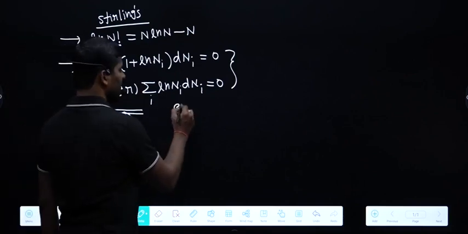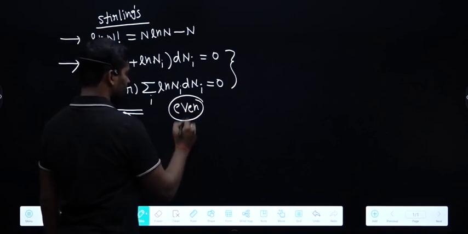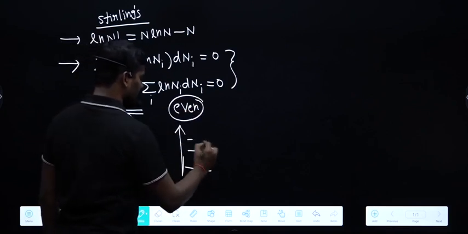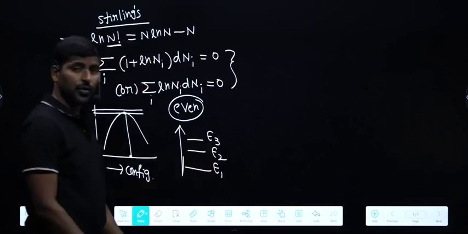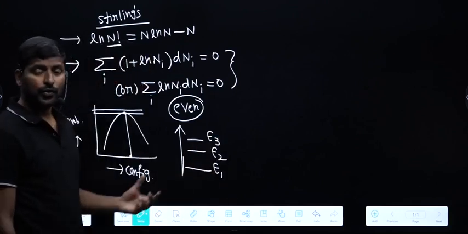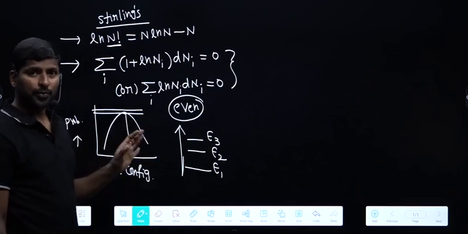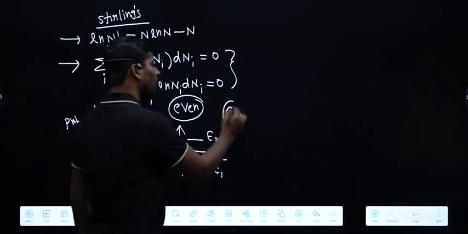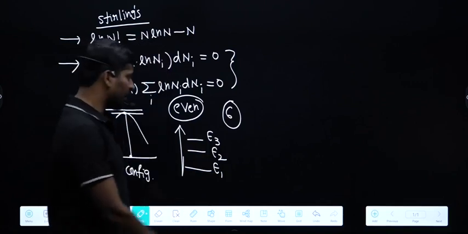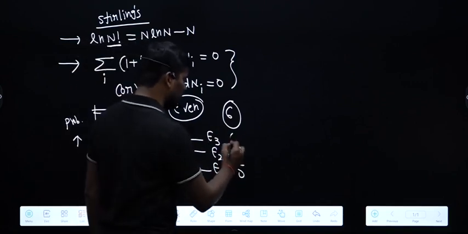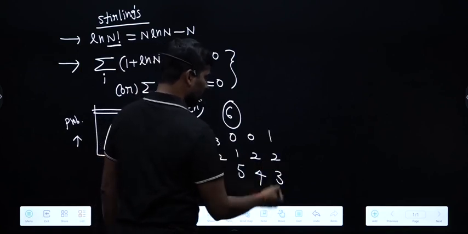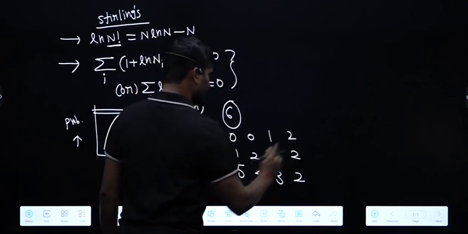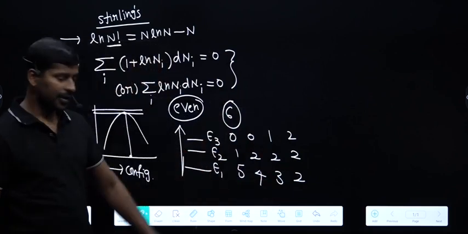Even distribution means, for example, we have three energy levels, E1, E2, E3, and 6 particles. We can distribute these 6 particles in various ways: 5 1 0, 4 2 0, 3 2 1, 2 2 2, and so on. Each is one configuration.